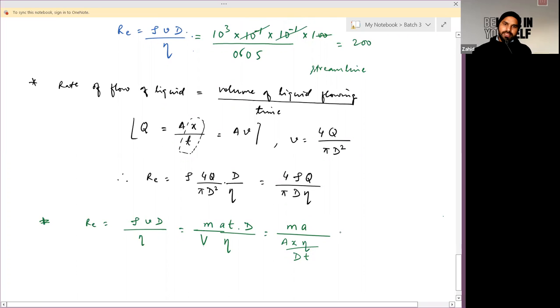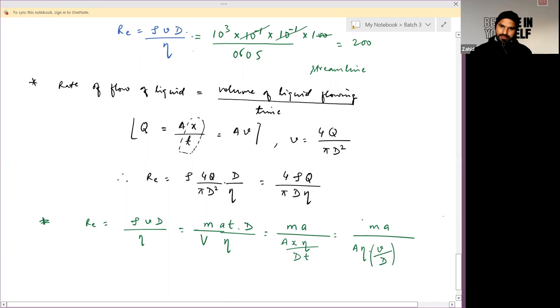And in the denominator part, we can rearrange it like A times eta times X by T, which is velocity, times D, that is the width of that particular tube or liquid. So this may be written as strain rate. So it is equal to viscous force.